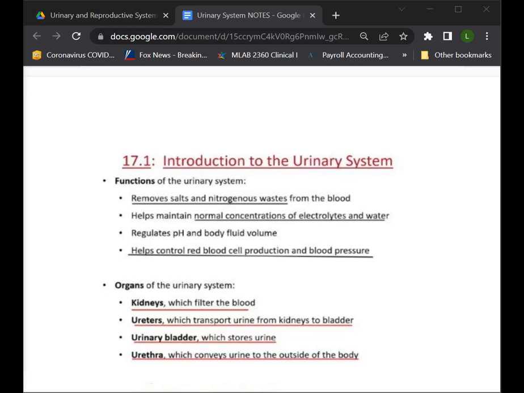The ureters transport all of the waste that was removed by the kidney down to the bladder. Then the bladder is supposed to help temporarily store the urine. And then the urethra is supposed to convey urine to the outside of the body.